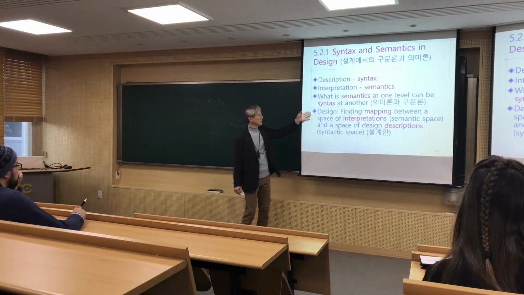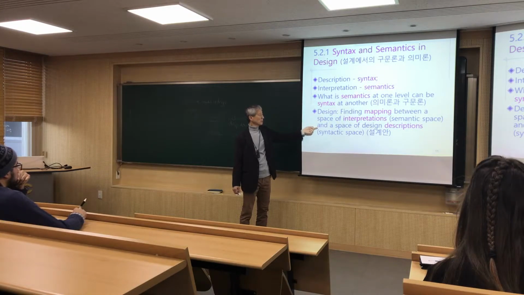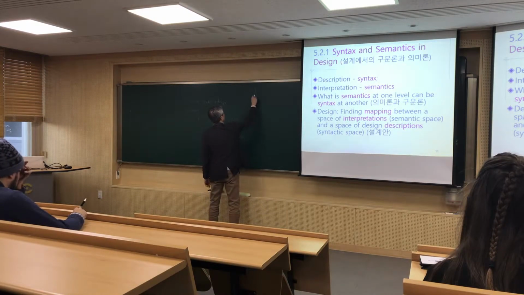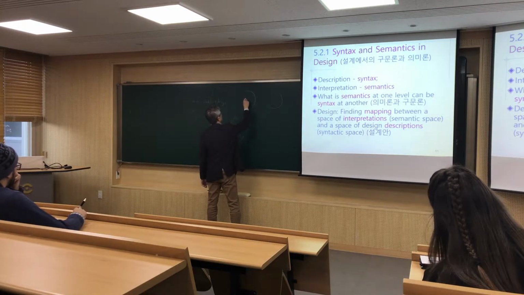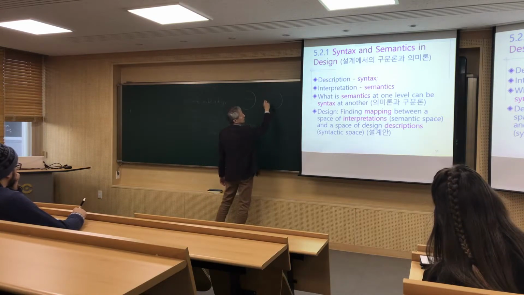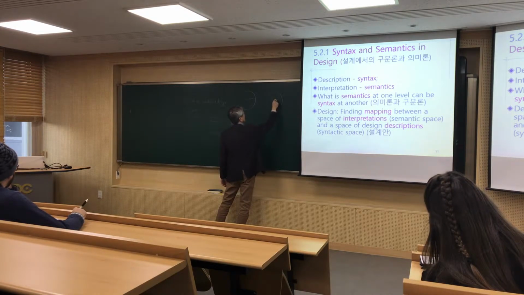And design is usually trying to find out the mapping between a space of interpretation and the space of design descriptions. So interpretation means performance, right? We already saw in optimal design the space of performances and the space of alternatives, or you say descriptions, alternative designs, the design space.